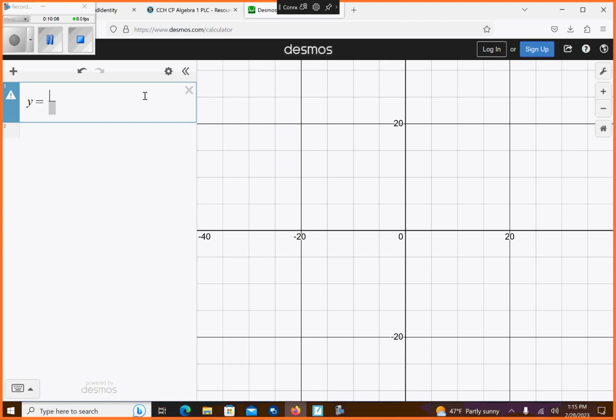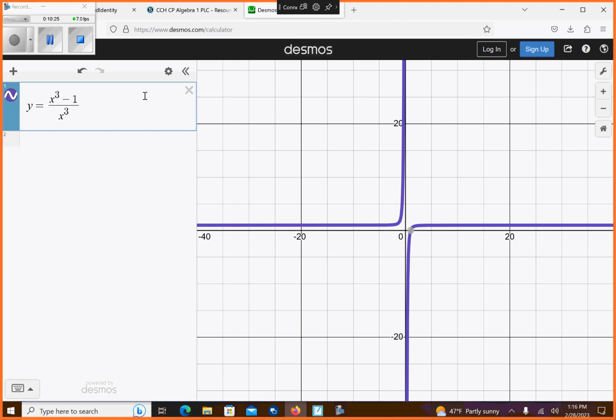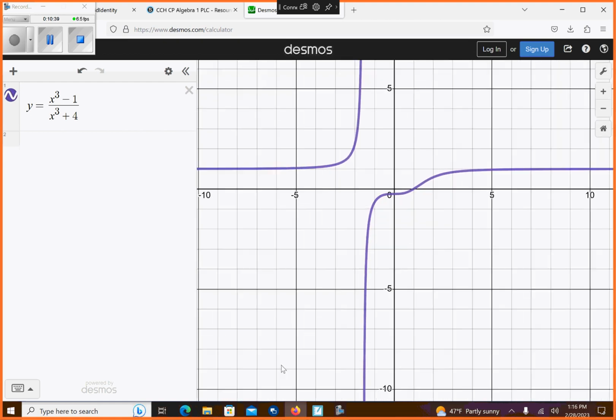Okay. So the second problem: x to the third minus 1 over x to the third plus 4. All right. As I go to the right forever, a little bump in there.